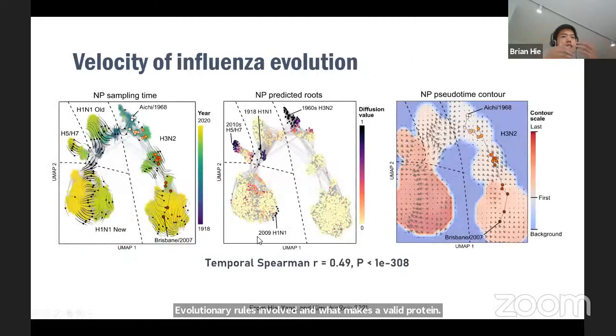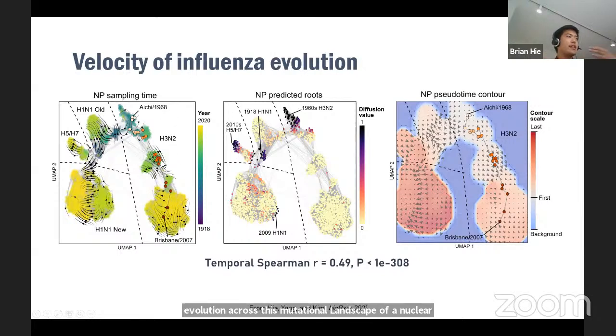So when we apply this language model to stitch together the flow of evolution through this landscape of, in this case, influenza nucleoprotein, what we find is, these aren't stream plots of wind moving through a 2D landscape, but in actuality, this is the flow of evolution across this mutational landscape of nucleoprotein.